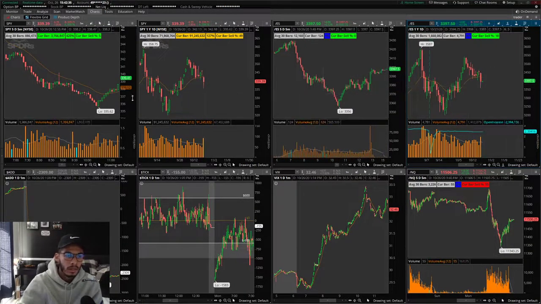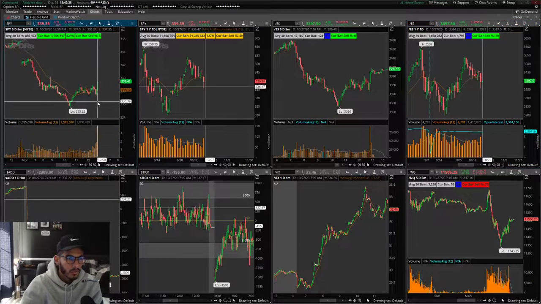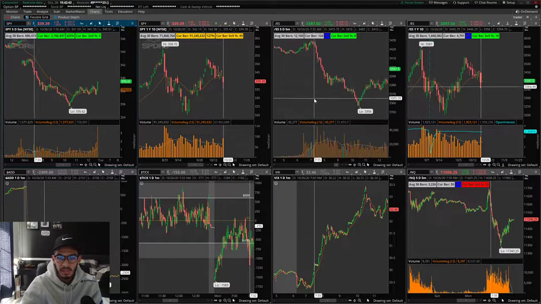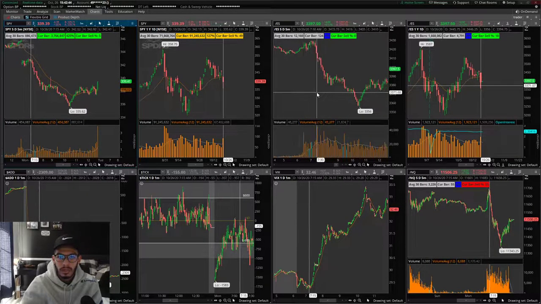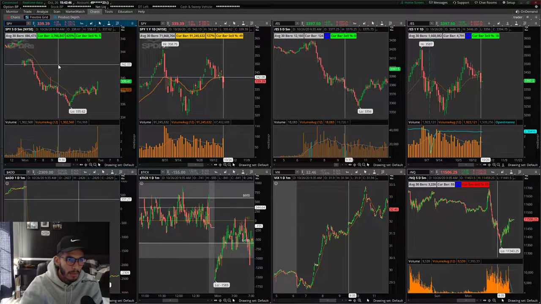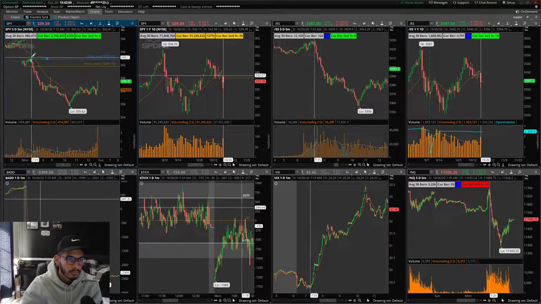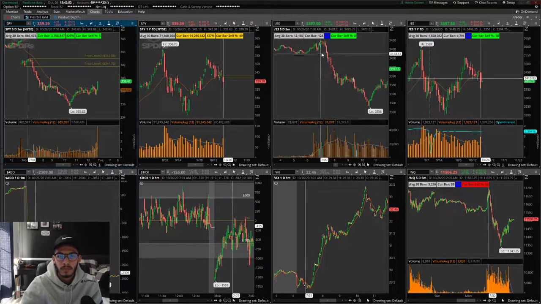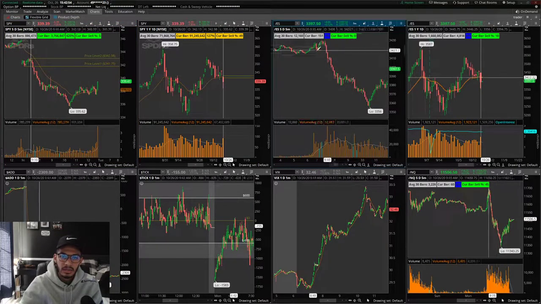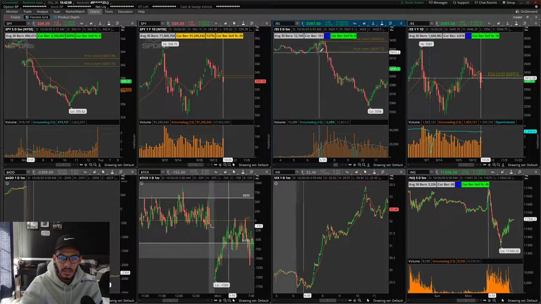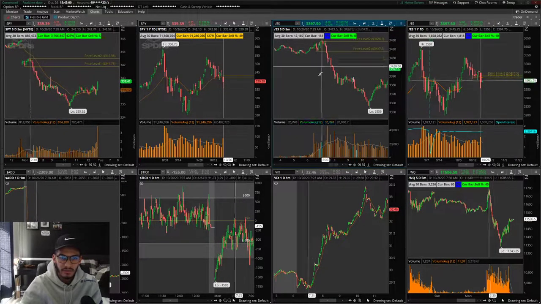On smaller time frames, this is the 5 minute on SPY. This is the 5 minute on ES, opening up at 6:30. What happened at market open, we can see that we were stuck in this range. Same here on ES. We were stuck in this range up until about 7:30.